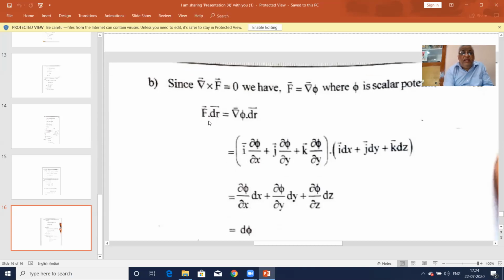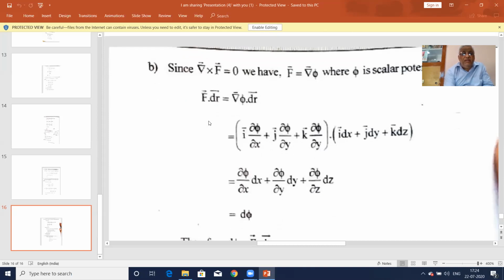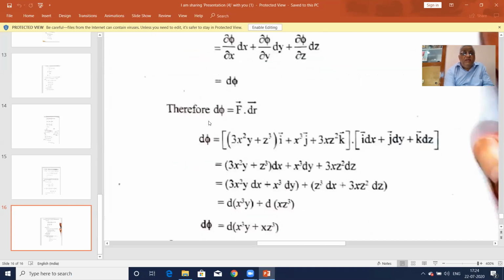The dot product of gradient and dr gives d phi. Therefore, d phi is nothing but F dot dr.